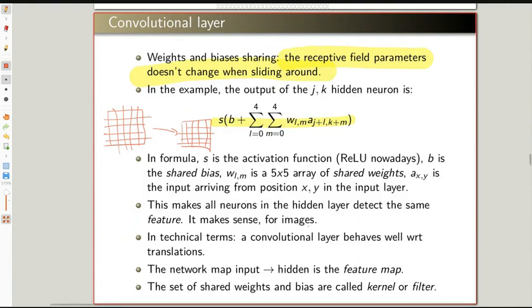And I want to know what is the value here for I equal to 1, J equal to 3. And so this is the formula. You can see in this formula the weights, the linear parameters, are 5 by 5. And they do not change with J and K.